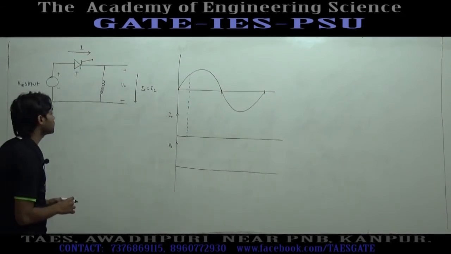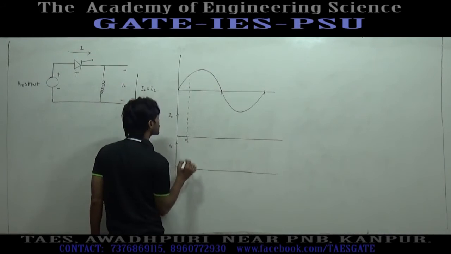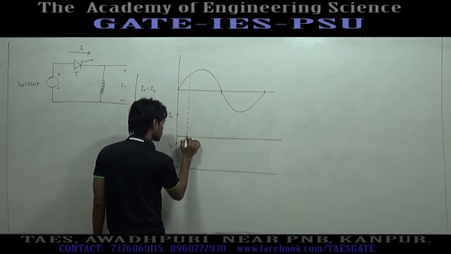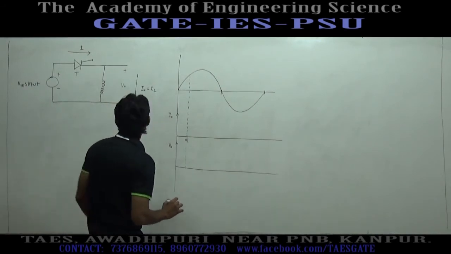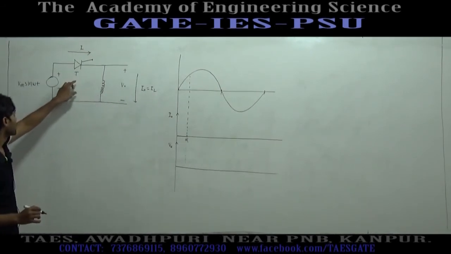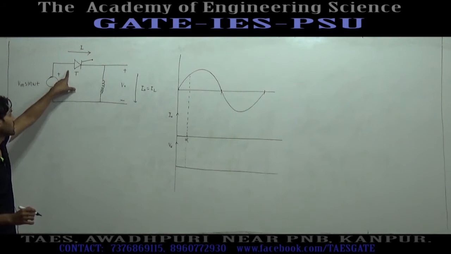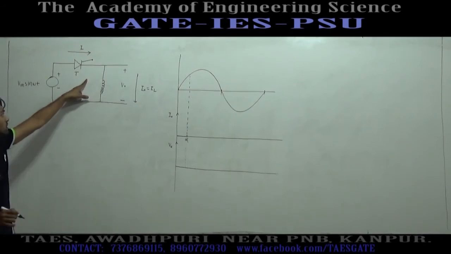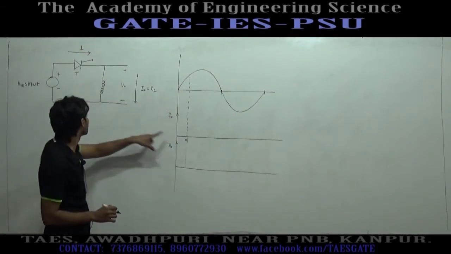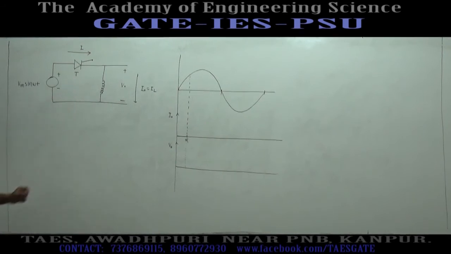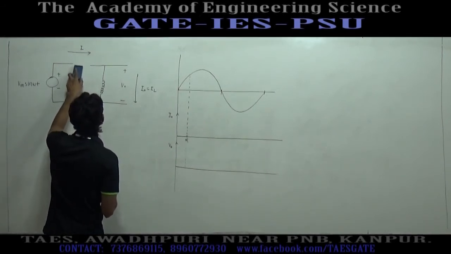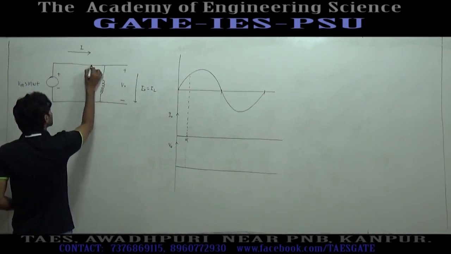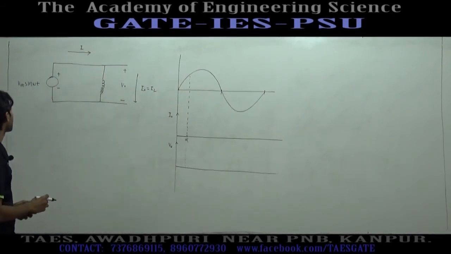At omega t equal to alpha, the thyristor is triggered, and whenever the thyristor is in forward mode and it is given a trigger pulse, then the thyristor will start conducting. So, now the thyristor will be short, and the output voltage, that is inductor voltage, will be equal to input voltage.